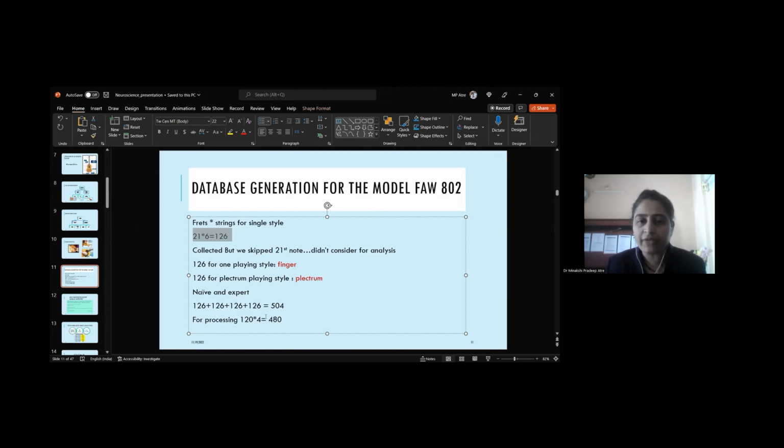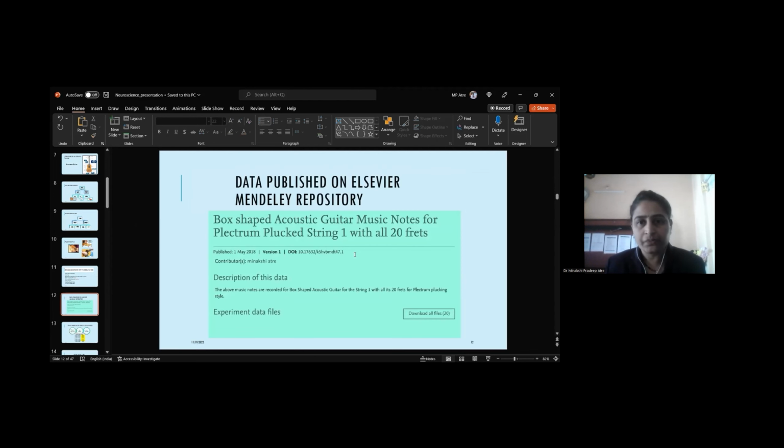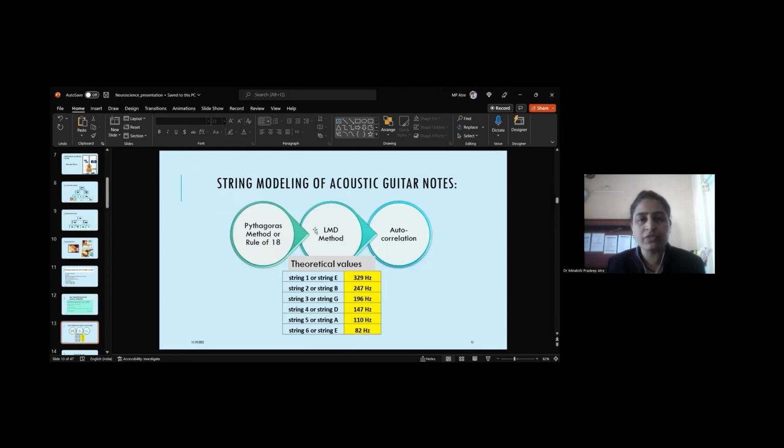Out of that, we have considered 480 music notes, because we did not consider the 20th and 21st notes, which are very close to the guitar body, or rather the guitar hole. This dataset is published on the Elsevier Mendeley repository, so we can make use of it, and those who are interested can download these music notes for further experimentation.